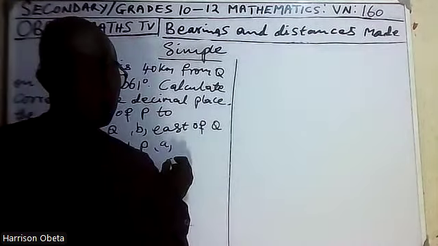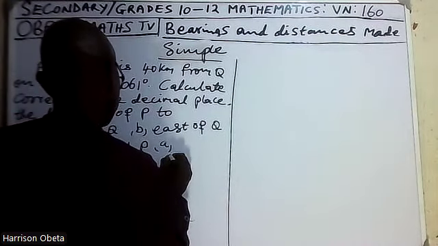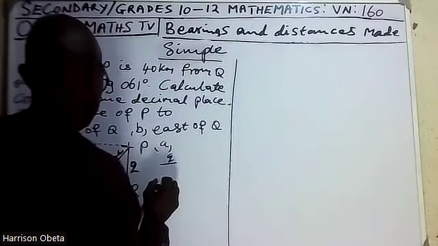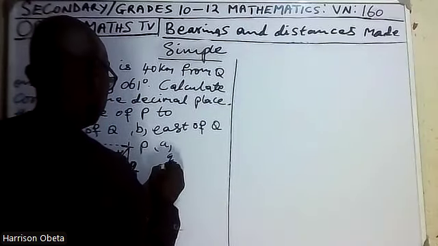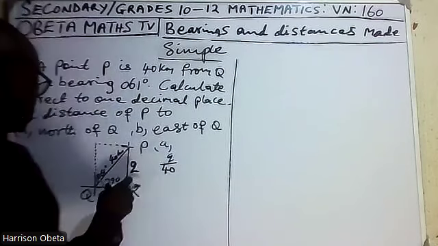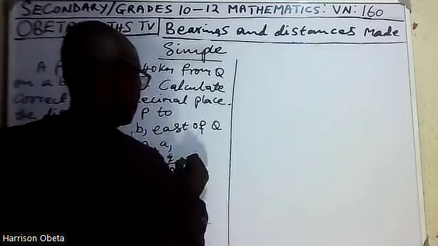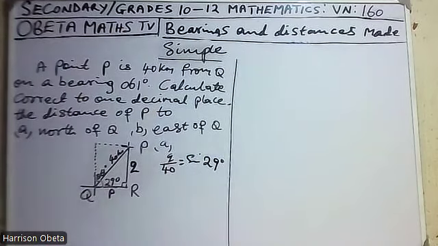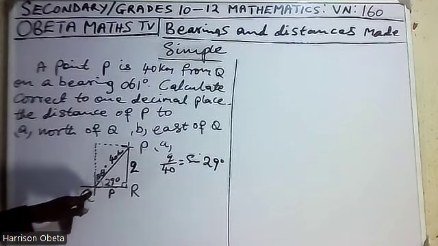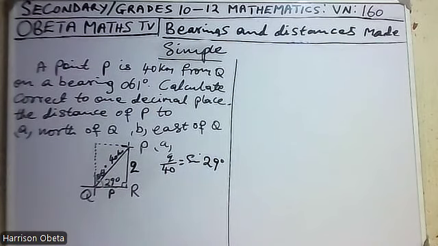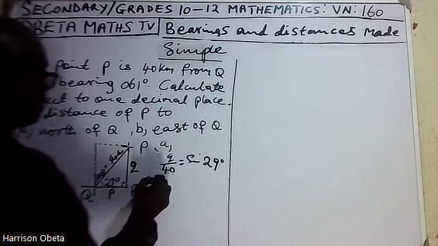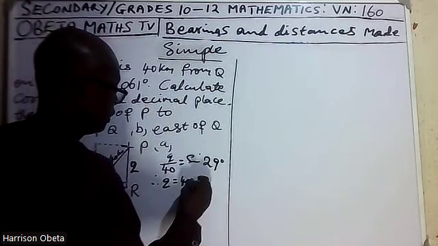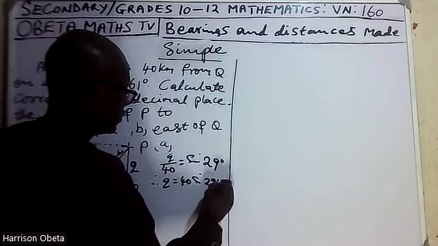So we are going to talk of q all over 40. That's opposite over hypotenuse equal to sine 29 degrees. And that means that q is equal to 40 sine 29 degrees.